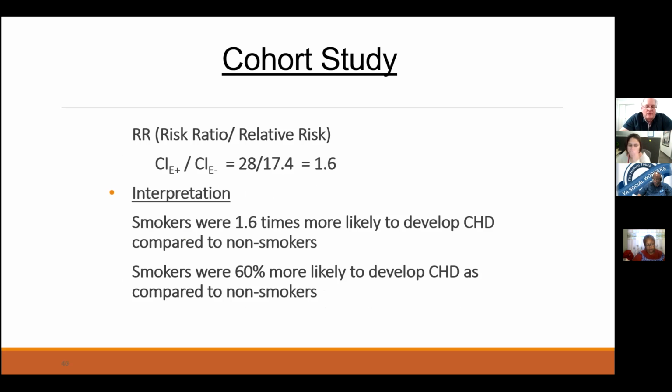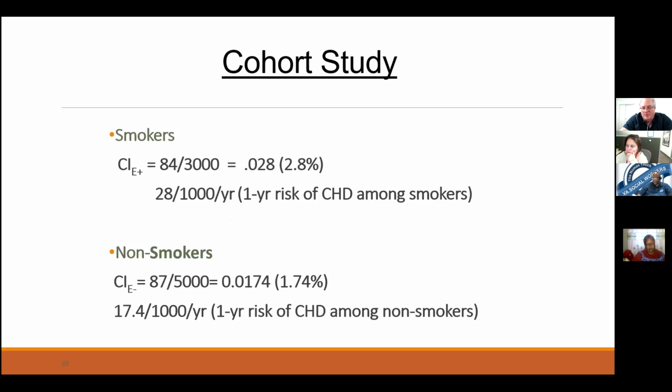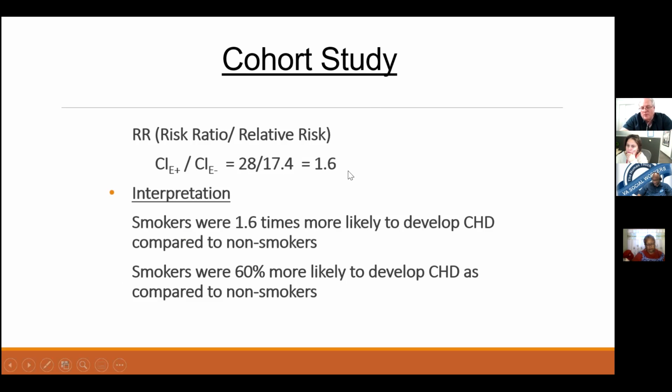That tells me that if you're a smoker, you're 1.6 times more likely to get heart disease compared to being a non-smoker. Another way of wording it would be smokers were 60% more likely to develop heart disease compared to non-smokers. This is just a ratio of the two incidence rates. I'm really literally just comparing 2.8% to 1.74%. If I take the ratio, that gives me 1.6.